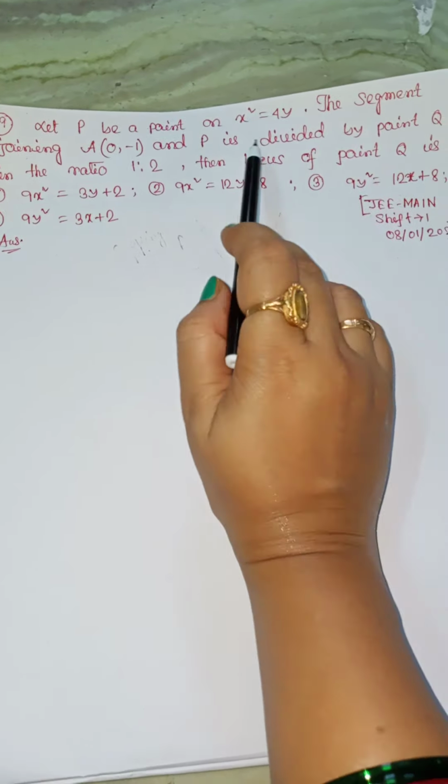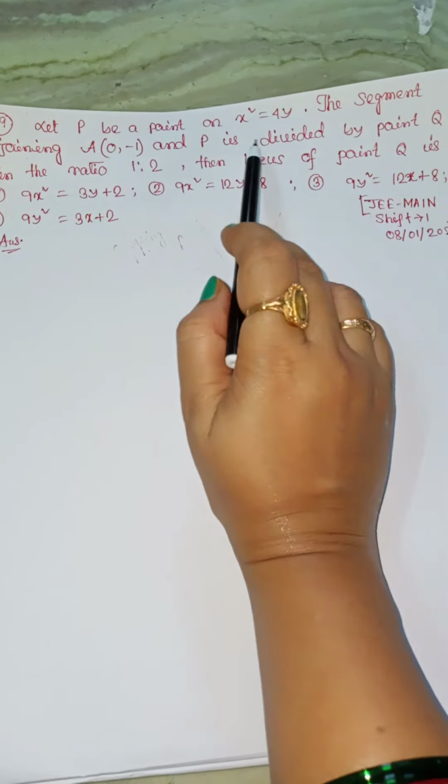So we may say, let x is equal to 2t, then from this equation y is equal to t square we get. So P is the point x comma y, meaning 2t comma t square. These points also satisfy the parabola x square is equal to 4y.